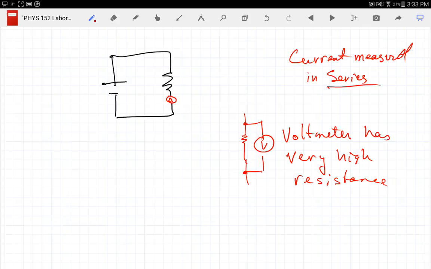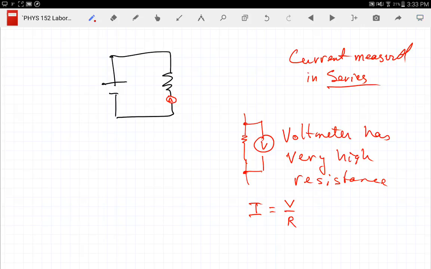Because parallel circuits have the same voltage. And each one will have some current going through. How can I relate the voltage to the current? Current equals, Ohm's law says, V over R.